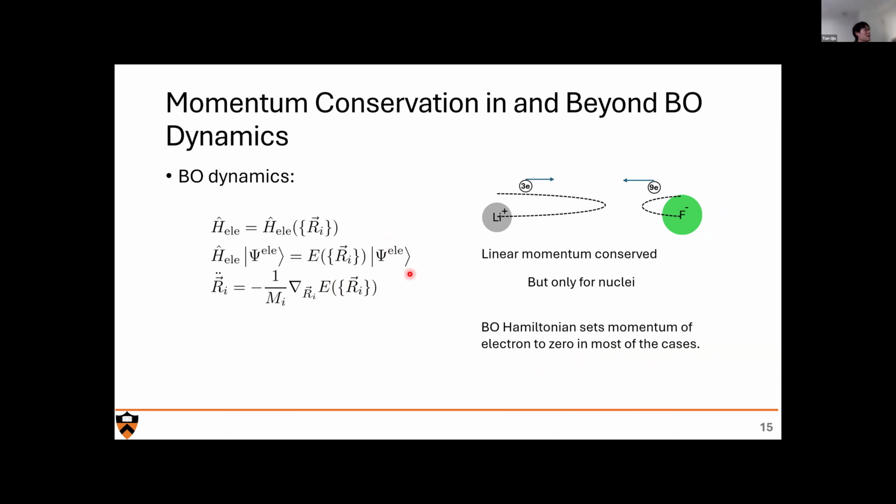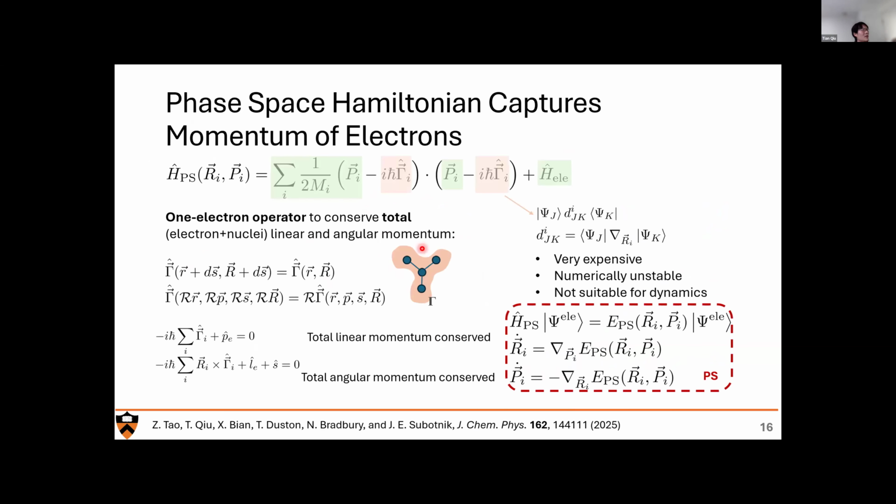Well, the phase space is involved in the dynamics in the following way. Basically in Born-Oppenheimer, the surface will be parameterized only by the nuclear geometry, so we do Newton's equation of motion. But in phase space, we have the potential energy surfaces being a function of both nuclear position and momentum.